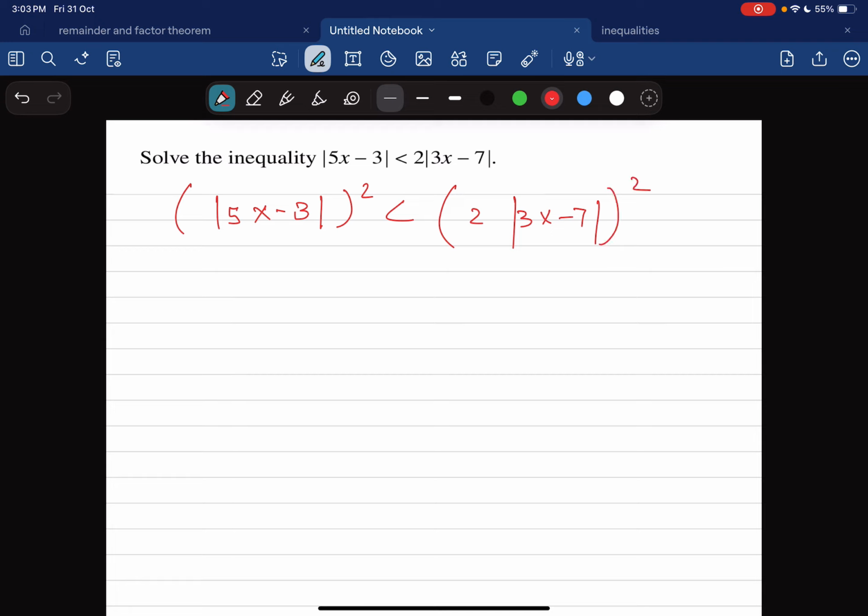Now 5x minus 3 multiplied with 5x minus 3. We can write without the absolute signs.